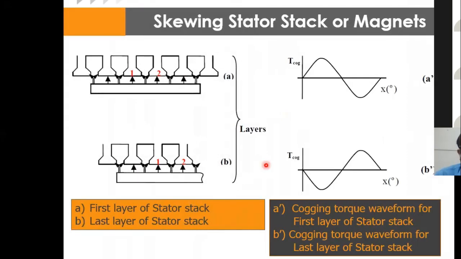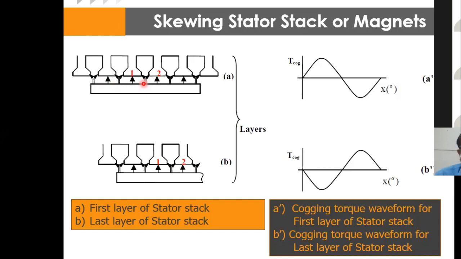So this is the basic layman explanation about the skewing. As I said, the stator core is made of various thin stacks. For example, if your stator length is 50 mm, it is made up of 50 stacks of 1 mm thickness.